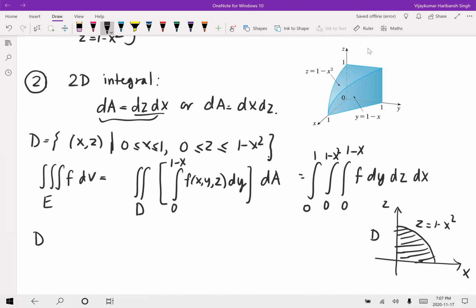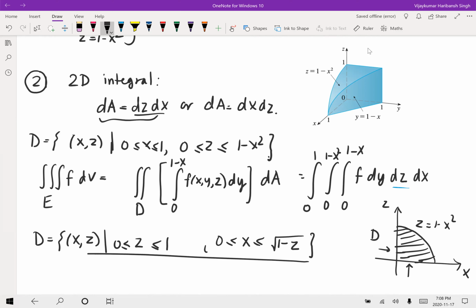Now I can write my region D as x first. Shoot an arrow in this direction: x changes from 0 to the square root of 1 minus z, since I bring it to the other side and it's positive, and z changes from 0 to 1. So this is again my region D.